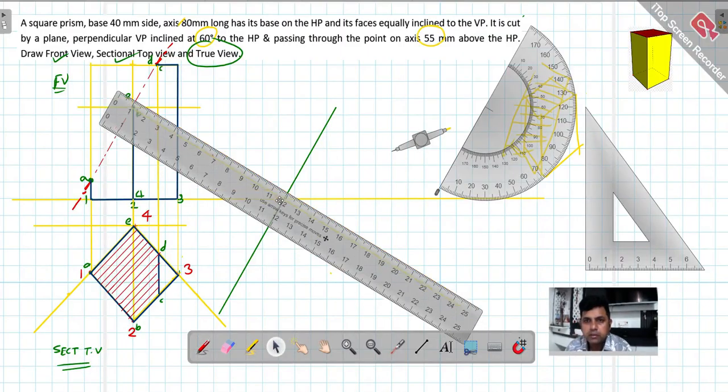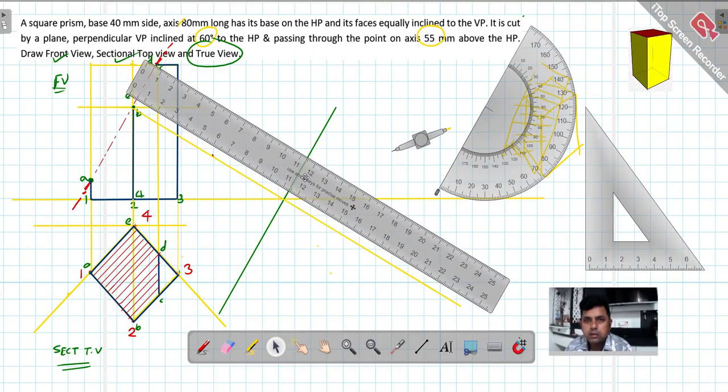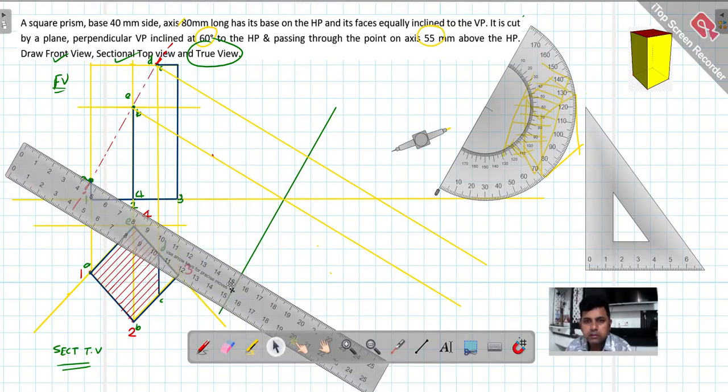Again, I'm taking this scale to point D and C. Again, I'm taking this from A, means from the point called cutting points, we have extended the perpendiculars.